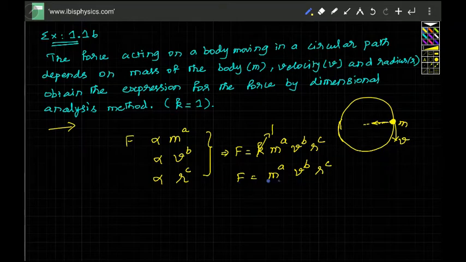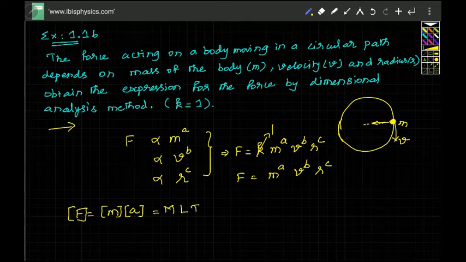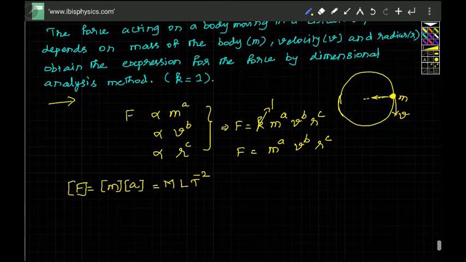If force is equal to this, then the dimensions will be equal, because you can equate only an apple with another apple. We know that force is equal to mass into acceleration, so the dimensions of force are the dimensions of mass and the dimensions of acceleration. Mass is M, acceleration is L T power minus 2. If you don't know this, go back and check the book.